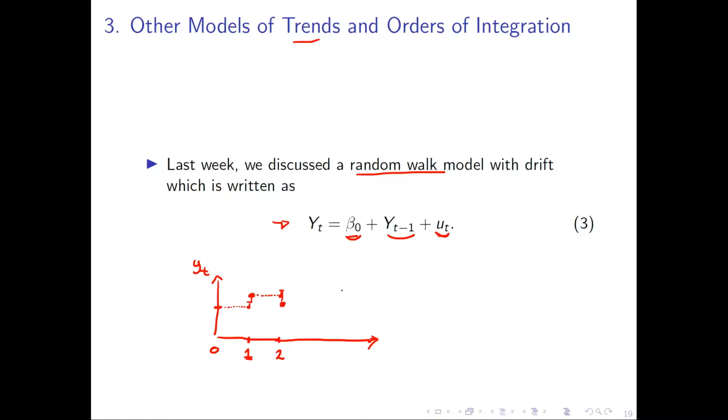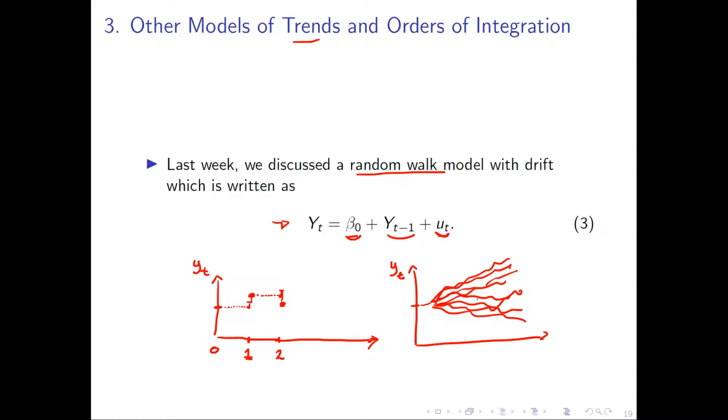But we saw that if you have a starting point here, and you make a lot of simulations of this process, then you would get a process which fans out like this.